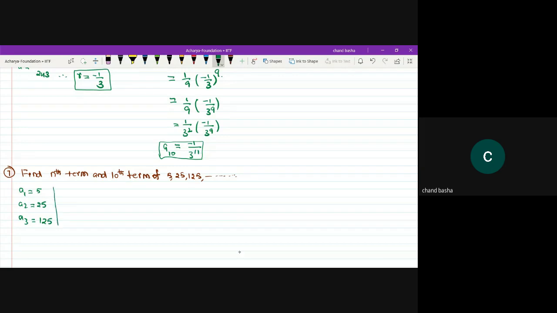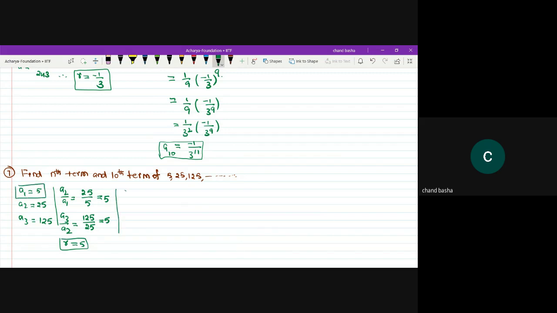Next, I am finding A2 upon A1, 25 upon 5, that is equal to 5. A3 upon A2, you can check it, guys, always. 125 upon 25, this is equal to 5. So from this, I can confirm that the common ratio is 5 and the first term A is equal to 5.